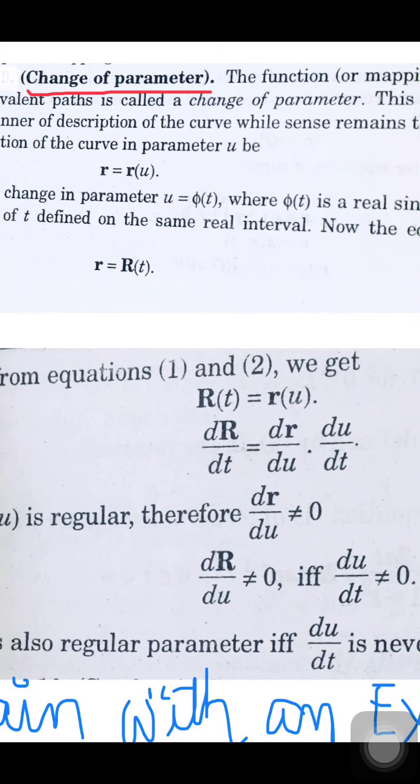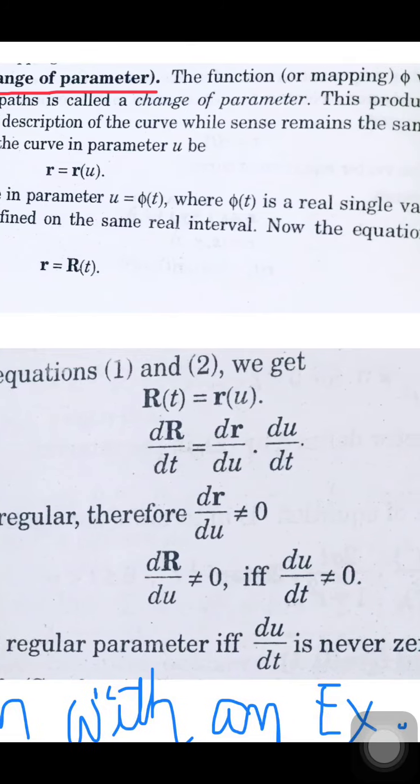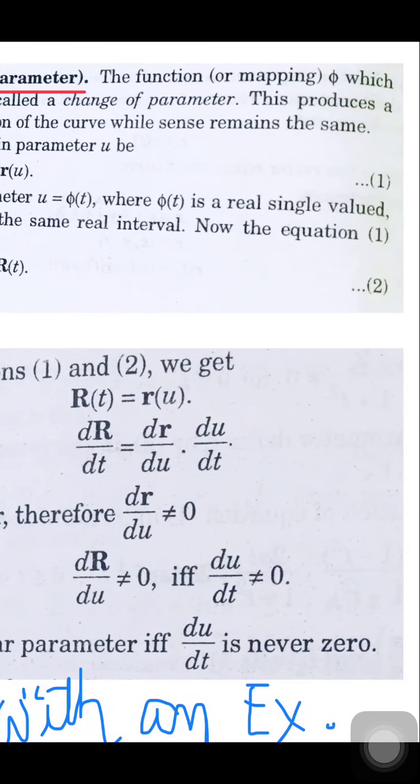If dr by du is not equal to 0, it means dR by dt should also not equal 0, because capital R should also be a regular curve. So this shows that du by dt should not equal 0. Then t is also a regular parameter if du by dt is never 0.